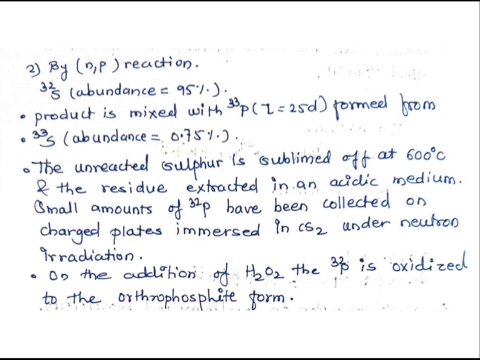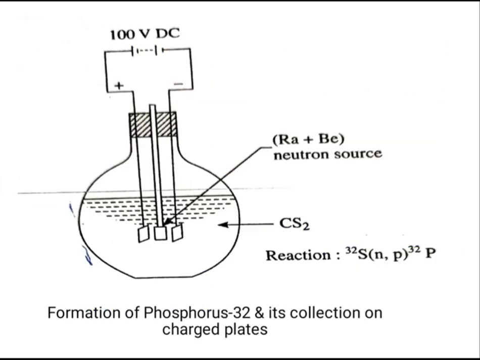On the addition of hydrogen peroxide, the phosphorus 32 is oxidized to the orthophosphate form. You can see this in the diagram. Here in this conical flask, the CS2 solution is taken. Here the reaction occurs, the sulfur 32 undergoes the N-P reaction, and there is a formation of phosphorus 32.